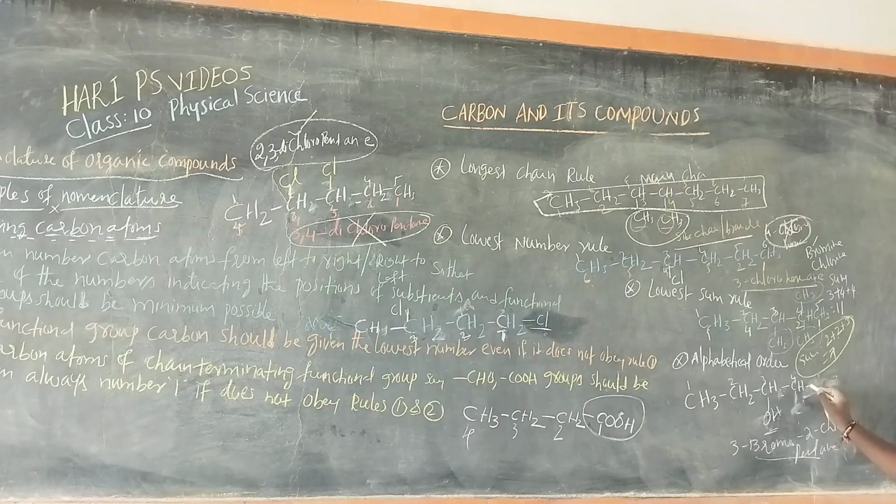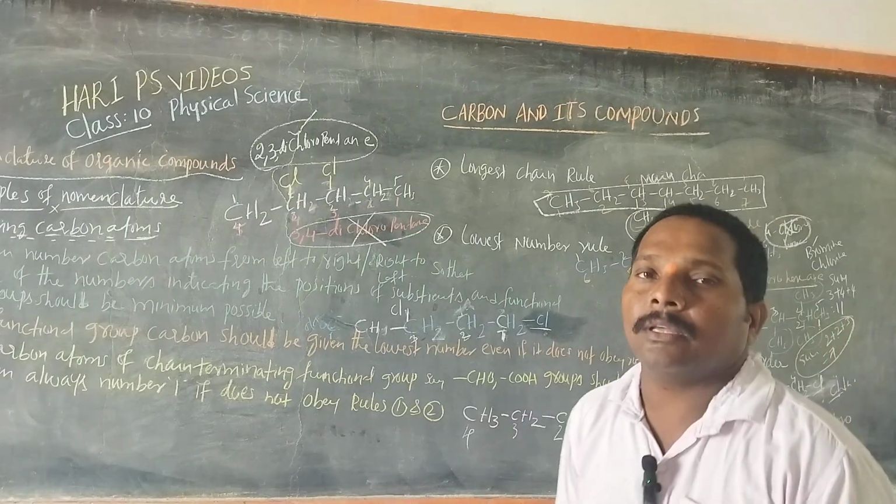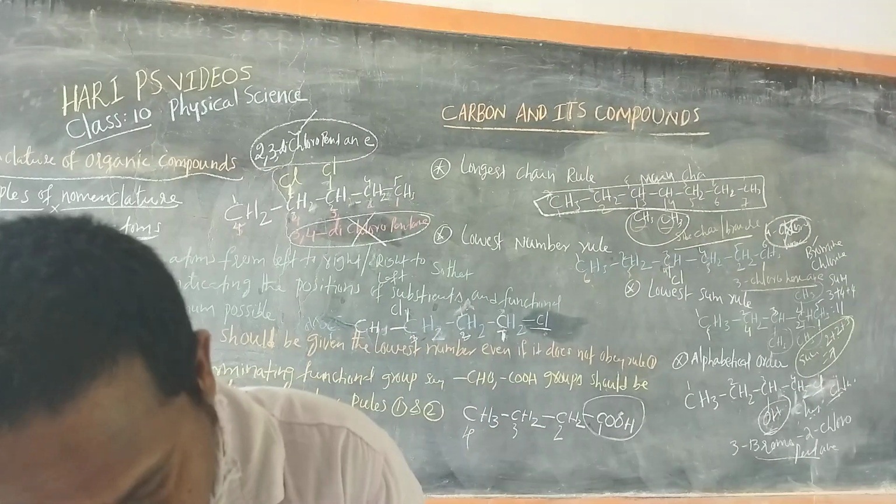Here we take CH2 to Cl, two different groups. This is hydroxy, this is chlorine. So we need to write chloro first, then hydroxy.